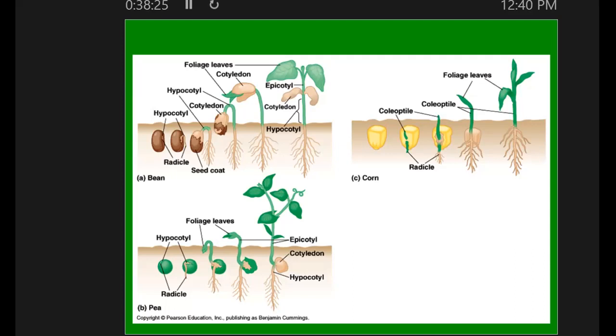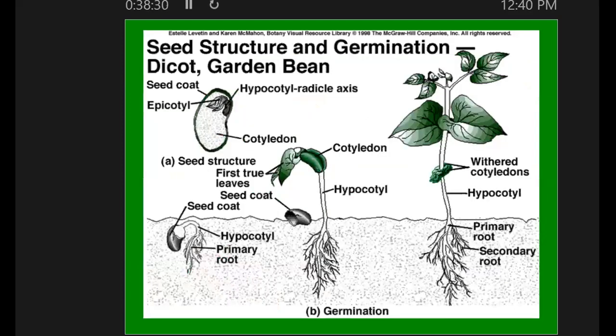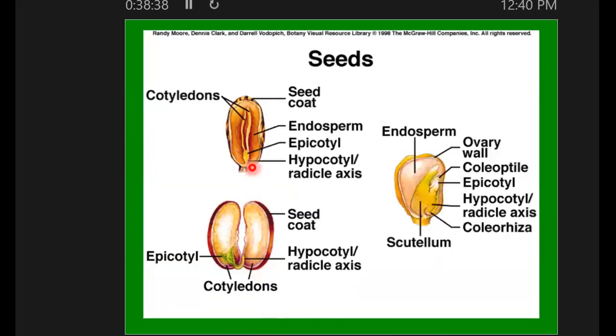I'm not going to ask you about terms here, other than cotyledon and the basic anatomy of the seed. I want you to know cotyledons, endosperm, seed coat. But these other terms over here, like the radicle, knowing that the radicle is the first thing out, that's the embryonic root.